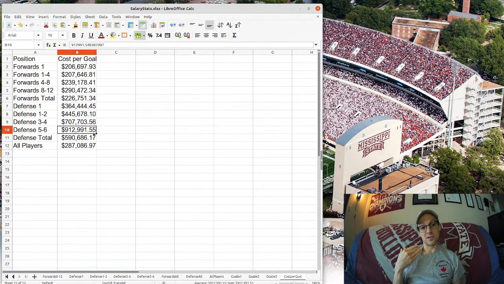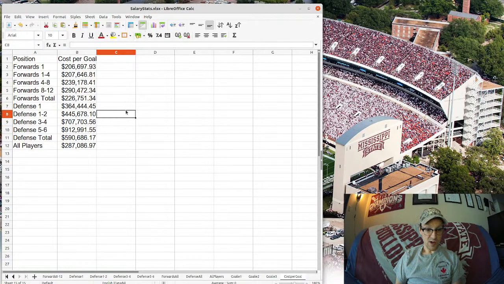So really, for 1 year, you can clearly see that the cost per goal is quite expensive for defensemen, especially on the bottom end. Really, the only one that's even close to the same value you're getting for forwards is the first defenseman. But even that's like, well, how much more is it?